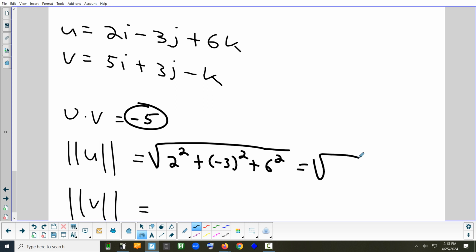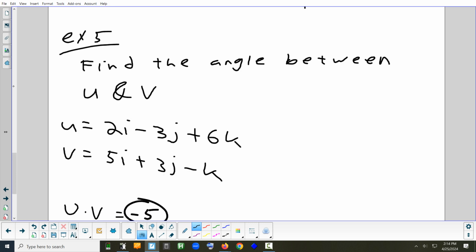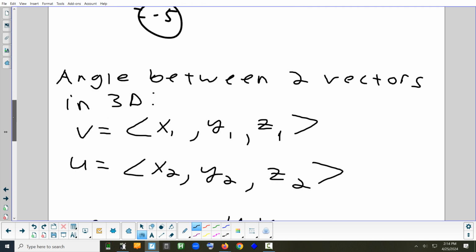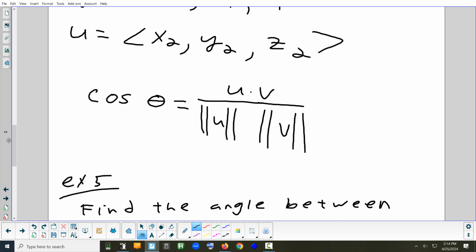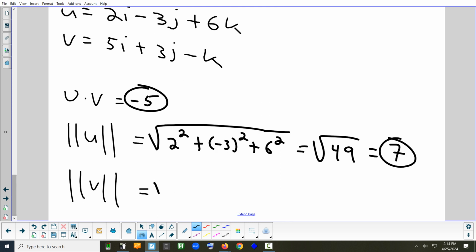Okay, and what does that come out to? The square root of 4 plus 9 plus 36. That's 49, which has to come out to a nice answer. Okay, so we got the magnitude of u. We got the dot product. The only other thing we need is the magnitude of v. All right, let's find that.